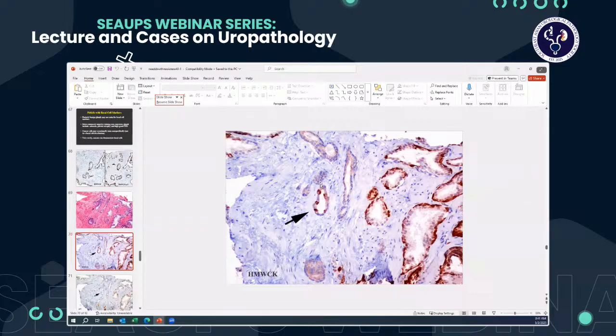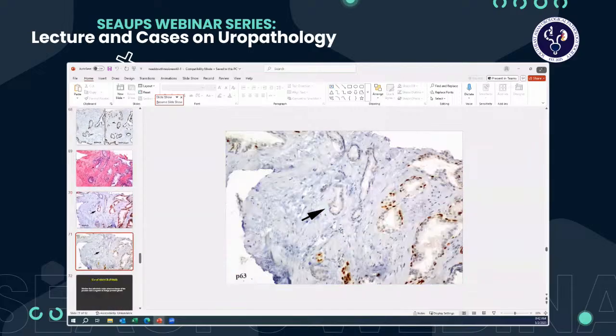They're not staining in a flattened basal cell distribution. And if you do a separate P63 with these same glands, we see none of the staining. So you can see some non-specific staining of cancer with high molecular weight cytokeratin, and you have to still be able to diagnose cancer in that setting.